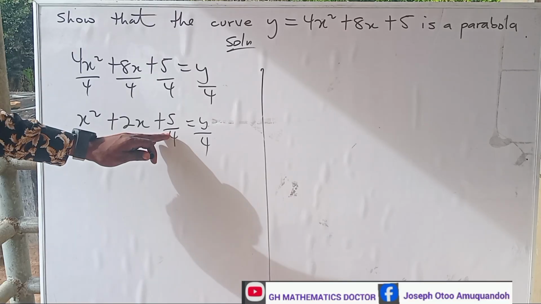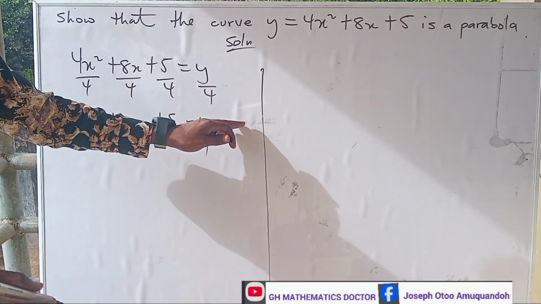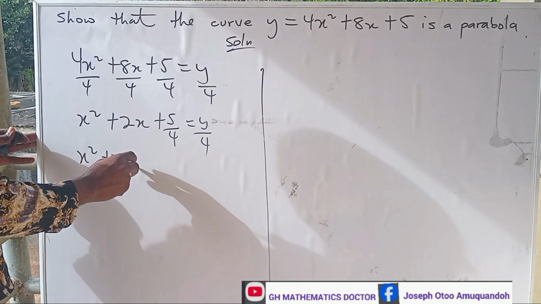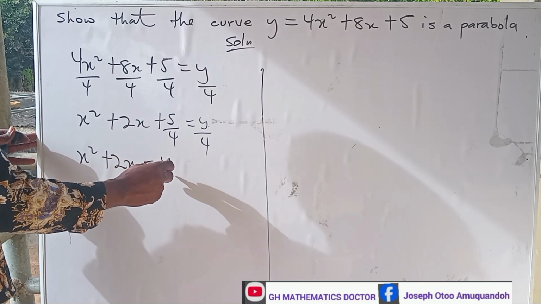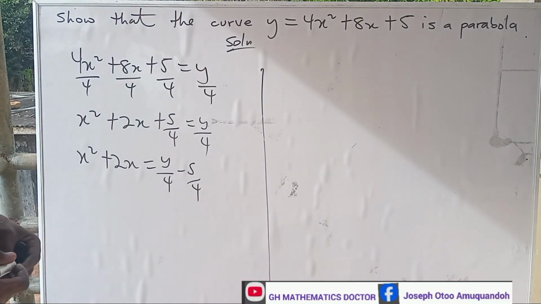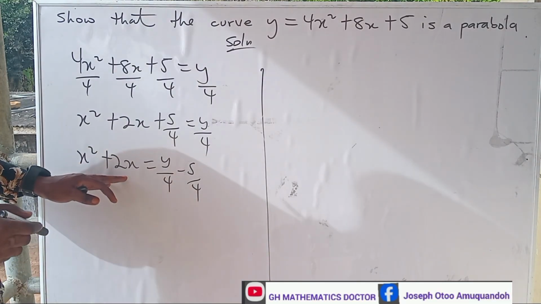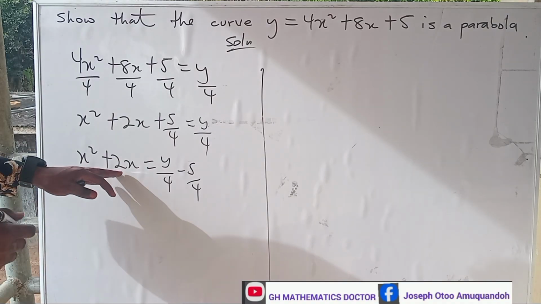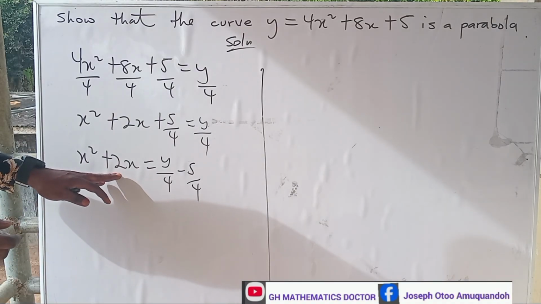You take the constants to the right hand side. You have x squared plus 2x equal to y over 4 minus 5 over 4. Then the second term of the x will help us complete the square. You need to find half of the second term of the x.